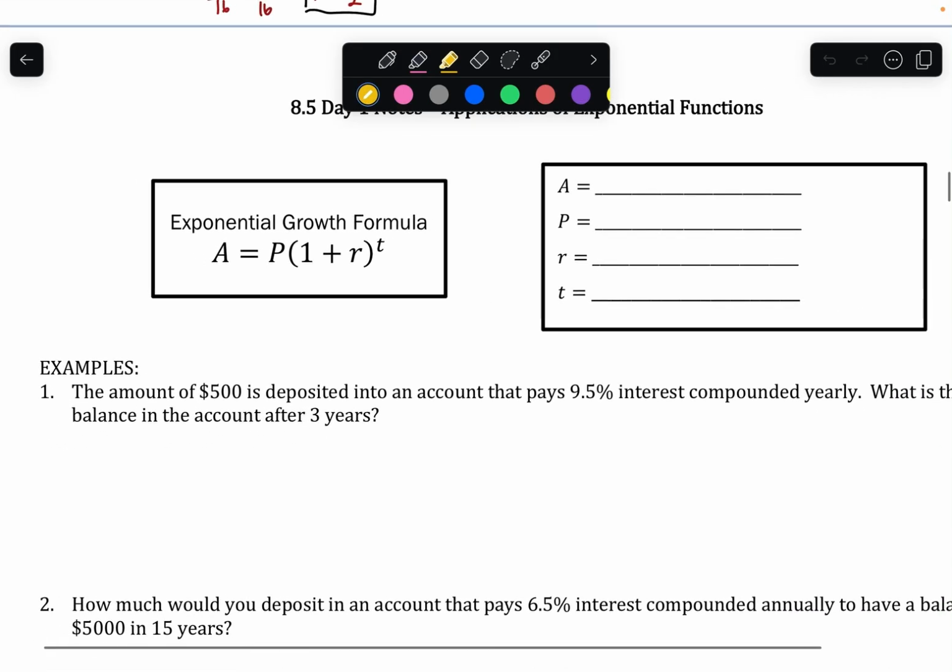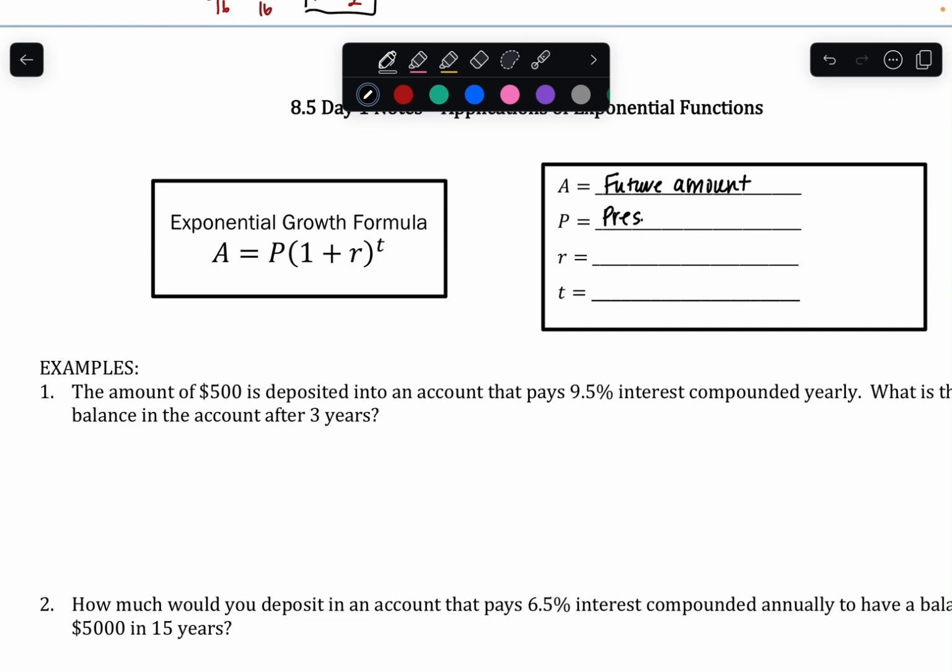You may have seen this in Algebra 1, where A is your future amount, P is your present amount. You could also say value instead of amount. R is your growth rate, and it's given as a percentage.